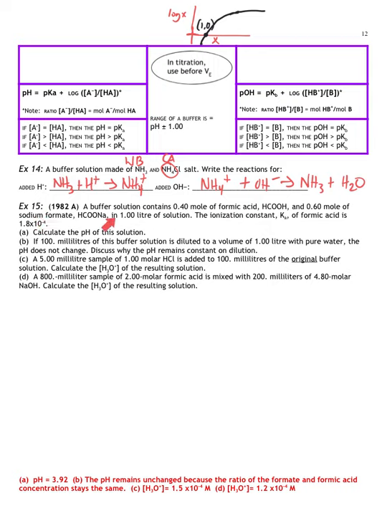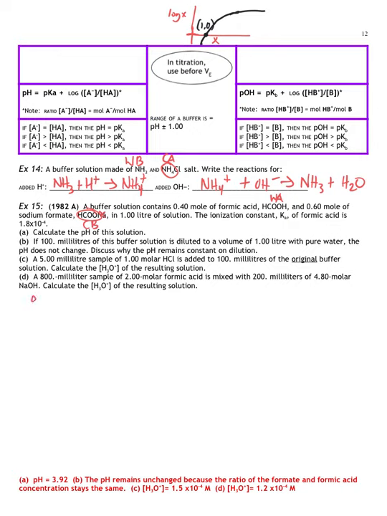In example 5, the first thing you want to do is read it carefully several times if you need to, but I like to identify what I have. I'm seeing a weak acid, which is called formic acid, and the salt, which has this part, but then I have the conjugate base of that weak acid. It says right here, it's a buffer solution.